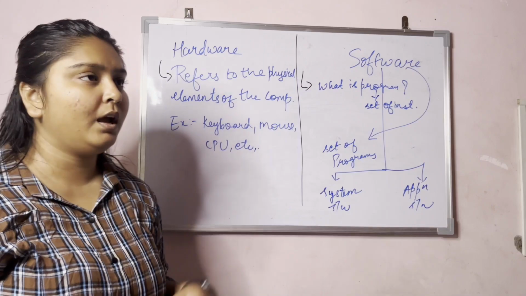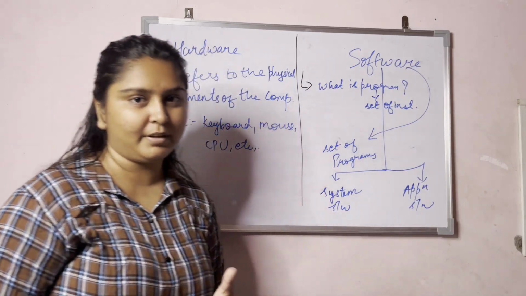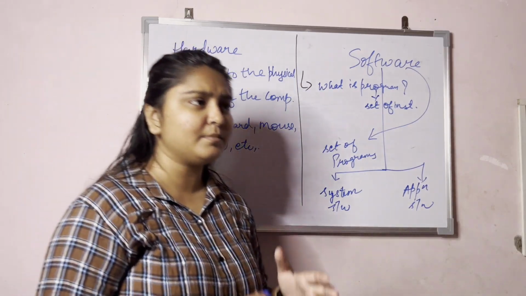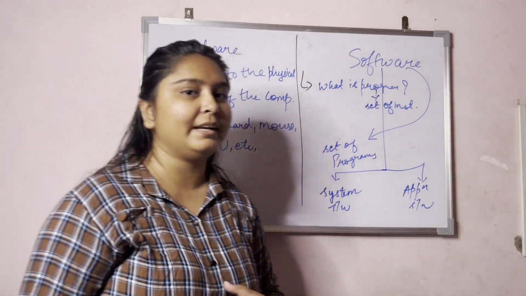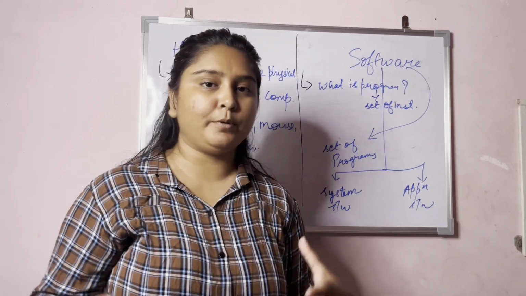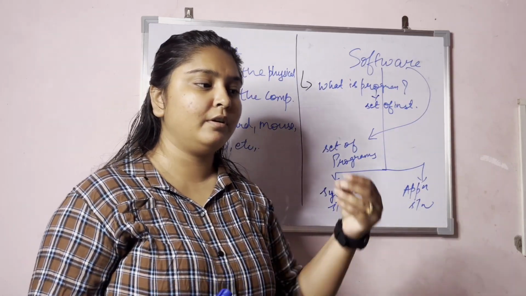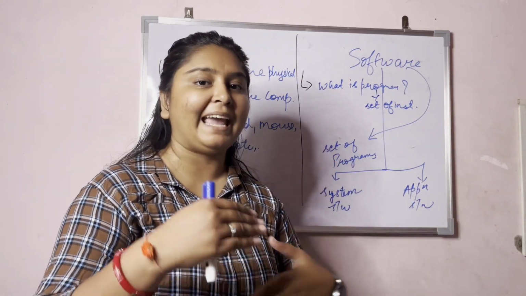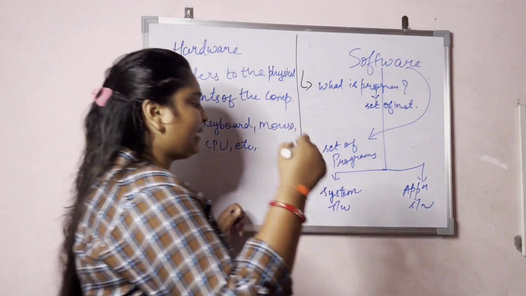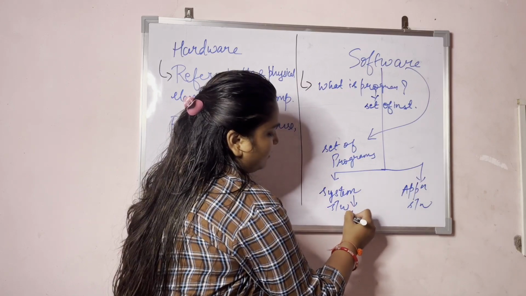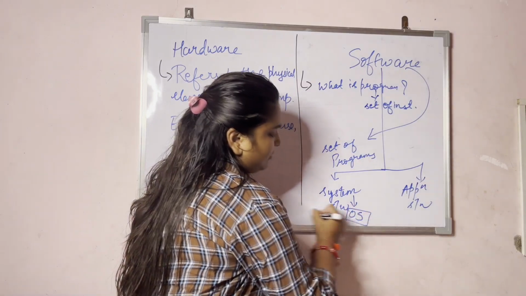Now, what is system software? System software is something which contains all the programs of a system, which can carry out so many tasks of a system. The example of system software is our OS.